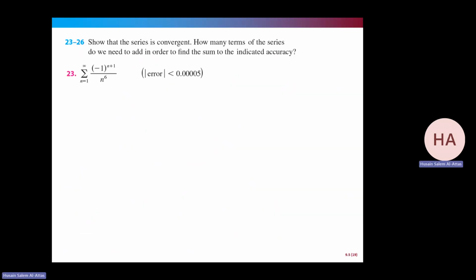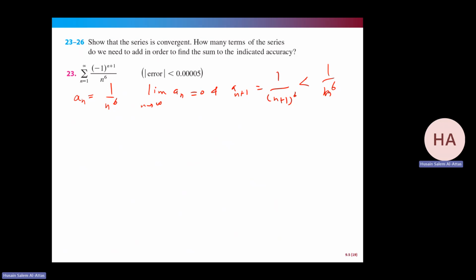Yeah. Show that the series is convergent. Now I need to show it's convergent. I think it's very clear. a_n equals 1/n to the power 6. It's very clear the limit is equal to 0. And a_(n+1), which is 1/(n+1) to the power 6, for sure is less than 1/n to the power 6.